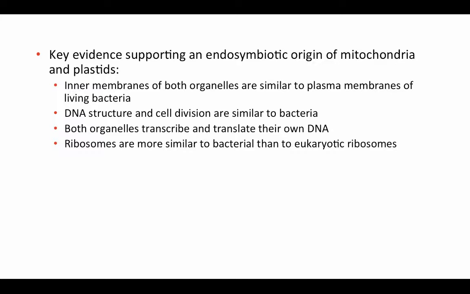Both organelles transcribe and translate their own individual DNA separate from the nuclear DNA in that eukaryotic cell. And the ribosomes that are found in these mitochondria and plastids, including chloroplasts, are more similar to bacterial ribosomes than they are to eukaryotic ribosomes. So we do have a lot of good indications that this is in fact the correct origin for mitochondria and plastids.